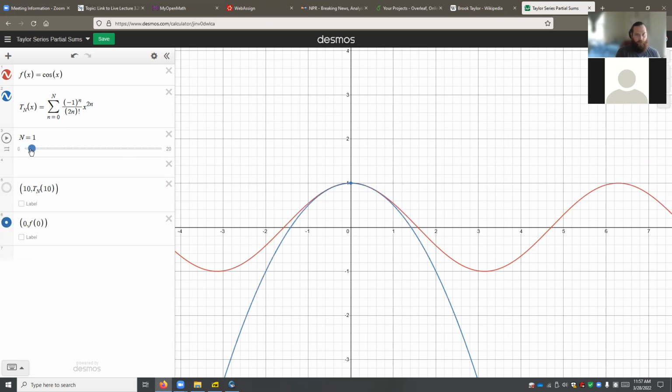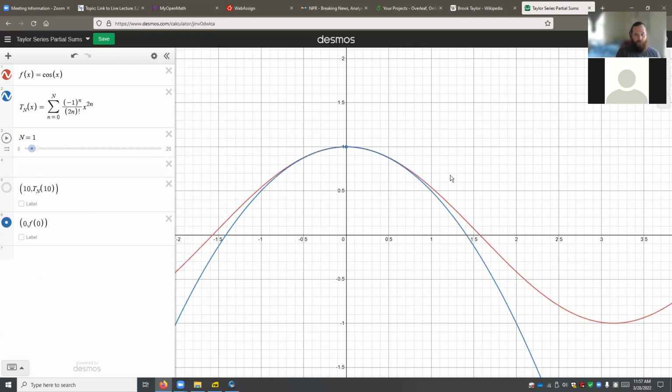If I increase n by 1, what I'm looking at here is actually the degree 2 Taylor polynomial. So this guy has the same slope at 0. If you look at the blue, the slope is the same. And so is the concavity, right? This is concave down with the right amount of stretchiness, and it goes through that point.